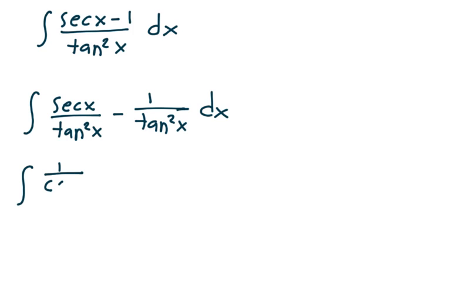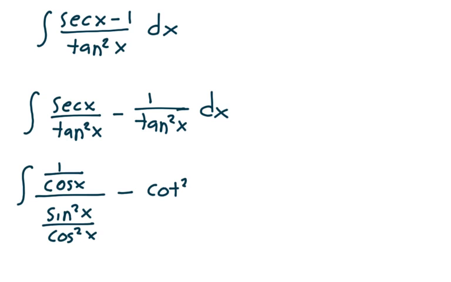So secant x is 1 over cosine x. And then I'm going to divide by sine squared x over cosine squared x. And then I'm going to subtract, well, here I can call this cotangent squared x. And this whole thing is being integrated with respect to x.